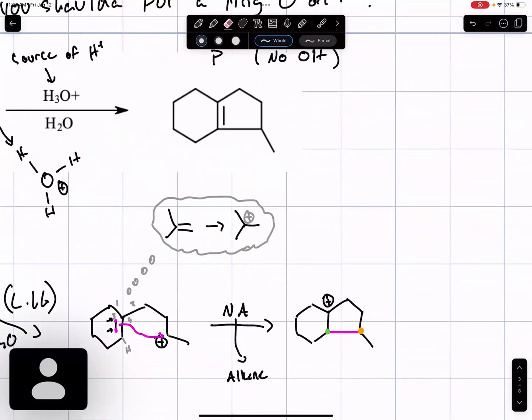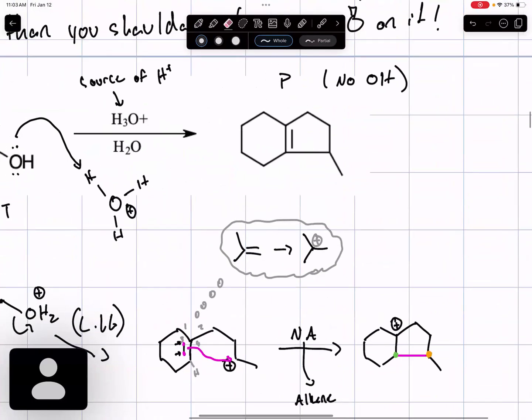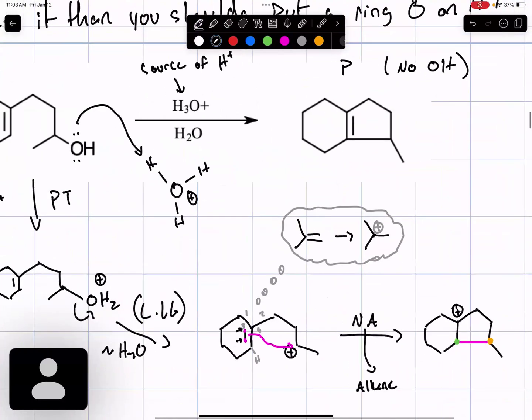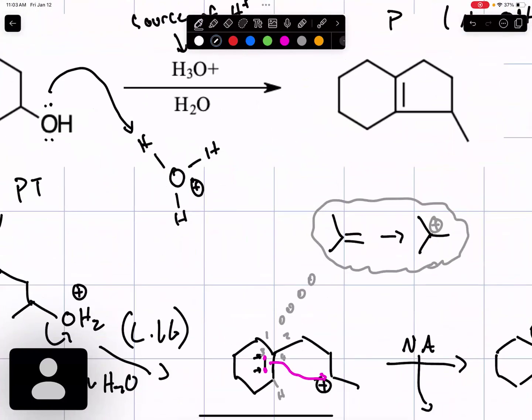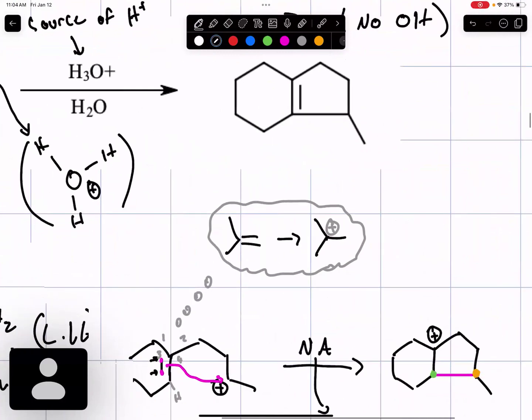And Joseph, you alluded to a very important part. That bottom carbon still has a hydrogen, right? And think about it. This is a catalyzed mechanism. What I mean by catalyzed mechanism is that this hydronium gets reproduced.